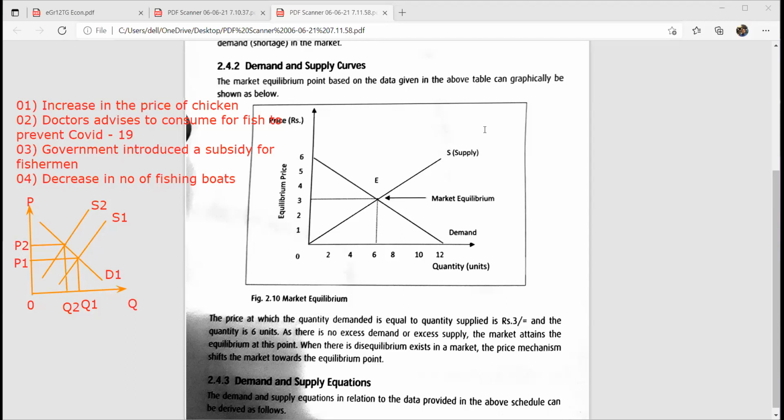Right, here you have to say as the supply decreases due to fewer fishing boats, the supply curve shifts to the left, S1 to S2, then the equilibrium price rises, equilibrium quantity falls.